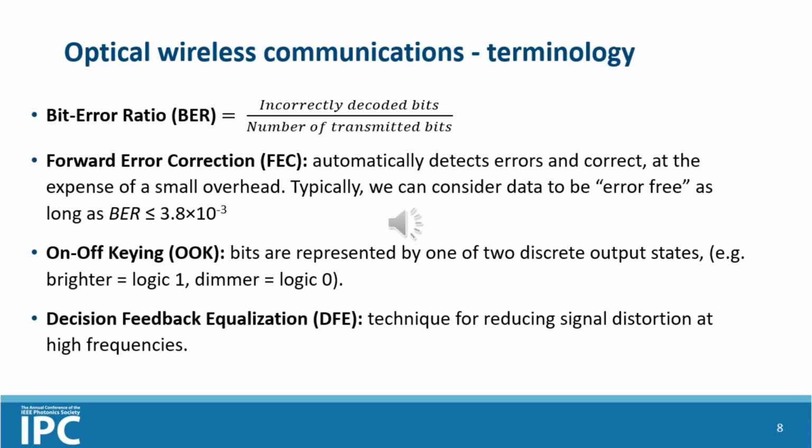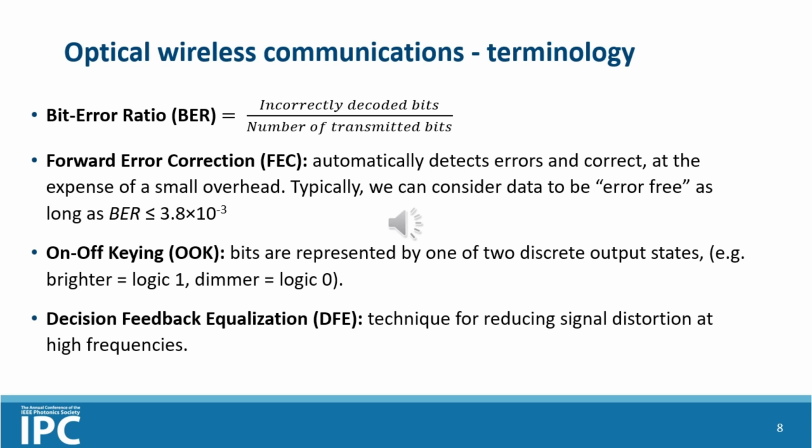This is a method for automatically detecting and correcting errors that are present in our received signal at the expense of a small overhead. The main thing to take away here is that as long as the BER is not greater than this threshold of 3.8 times 10 to the minus 3, then effectively FEC will take care of any errors we do have, and the received data can be considered to be error-free.